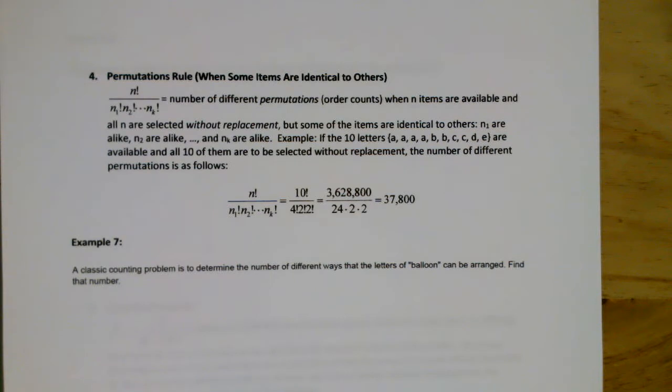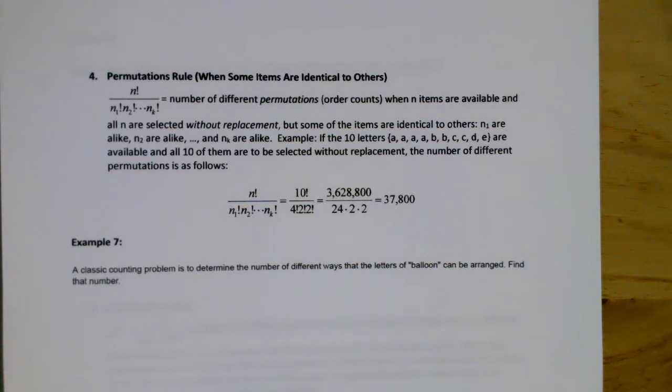That represents a number of different permutations. Again, the order counts when n items are available and all n are selected without replacement, but some of the items are identical to each other. Like n1 are alike, n2 are alike, all the way up to n sub k are alike.